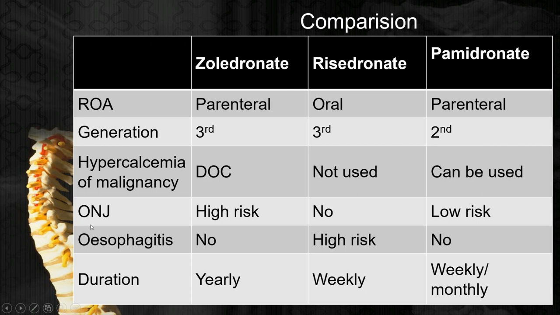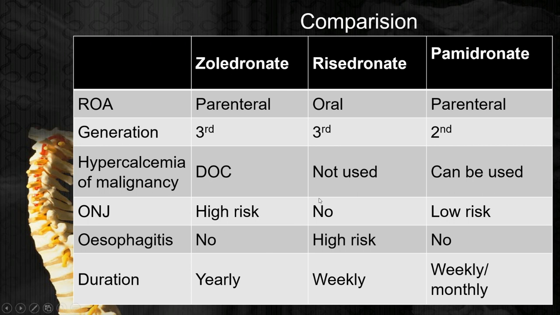The side effect of osteonecrosis of the jaw, which means that the jaw suffers from a severe necrotic reaction, is present with zoledronate. Though the causal relationship has not been established, as a precaution we usually send the patient who is on zoledronate to the dental OP regularly to rule out osteonecrosis.